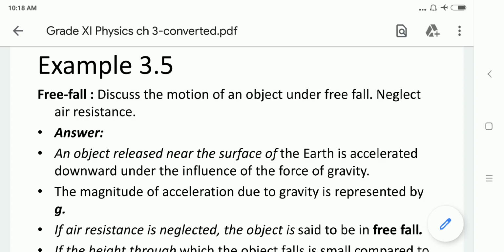While this object is released from a certain height near the surface of the earth, it moves downward. While it is moving downward, gravitational force acts on it.